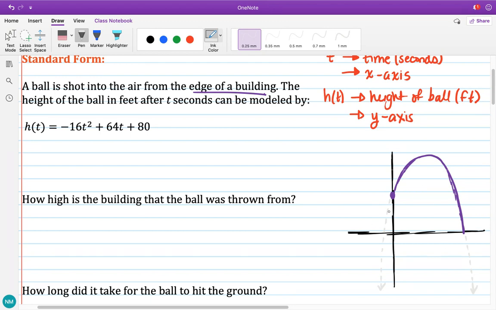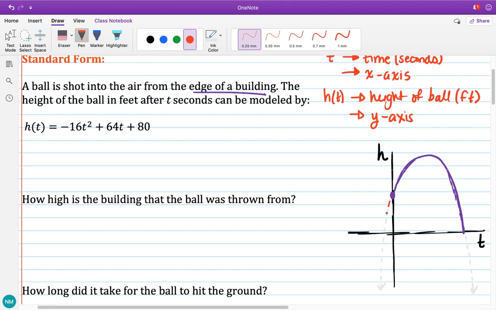But those parts of the parabola don't really matter because if this is h and this is t, time and height, if this part of the parabola existed, we'd be communicating that the ball's going to bust through the ground, which it's not.